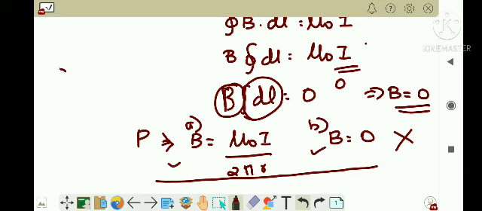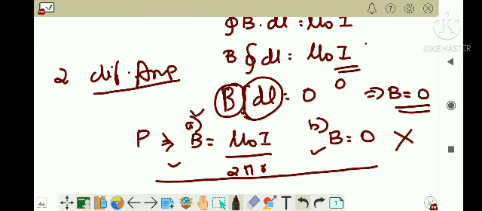Because we considered two different types of Amperian loop. Two different Amperian loops cause two different magnetic fields, which means the statement of Ampere's circular law, that any type of Amperian loop will produce the same value of the integral of B dot dl, is wrong. Clear? So Maxwell started to correct the Ampere circular law.